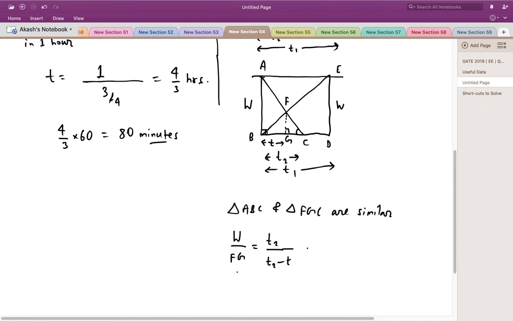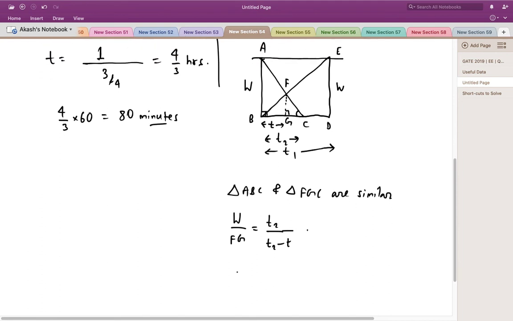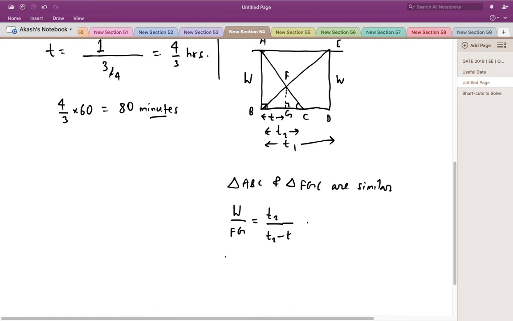Also, we can see that triangle EBD and triangle FPG are similar.